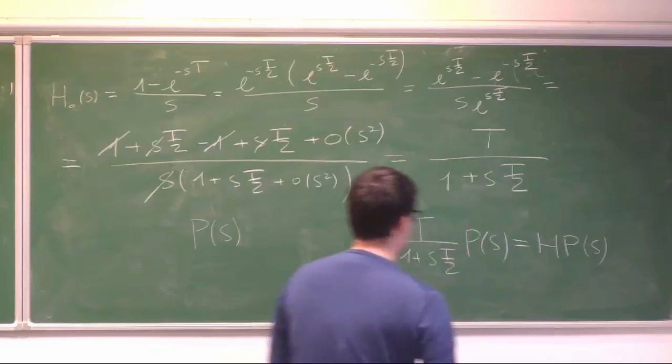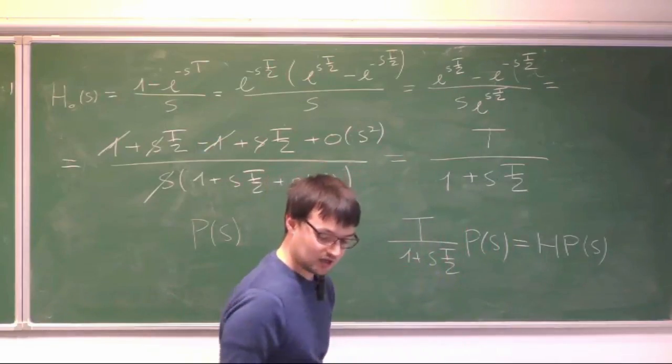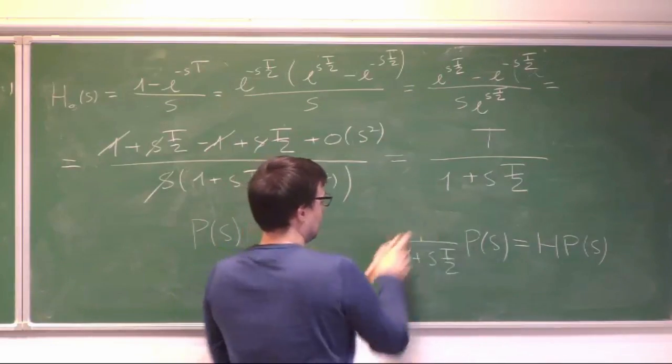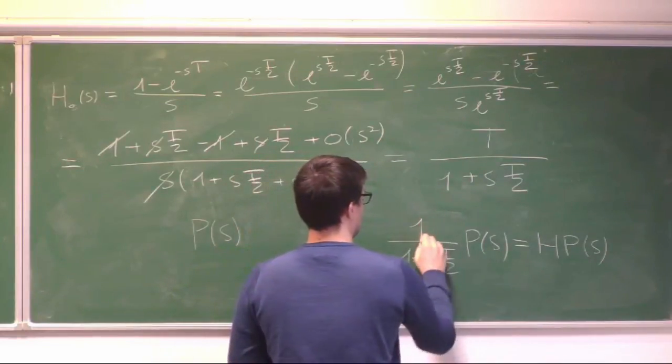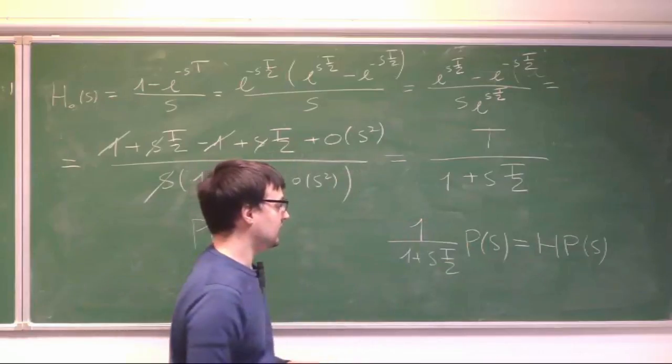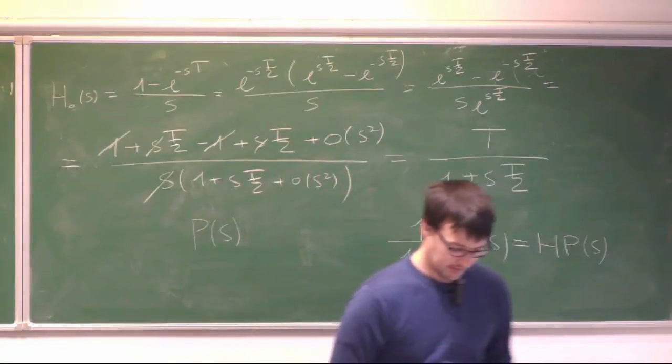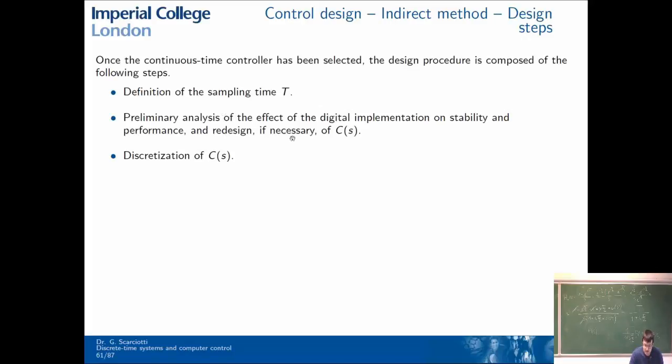So going back to this, what you actually want to study is this interconnection here. So HP of S is this function over here. Now that we have studied the effect of the zero order hold, and we are happy with our controller in continuous time, we discretize the controller to discrete time, okay?